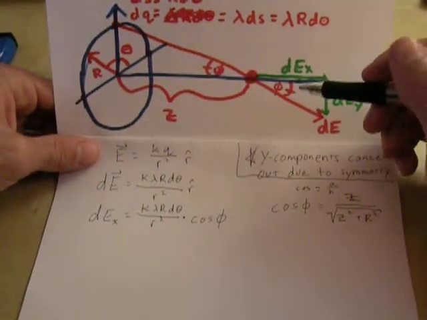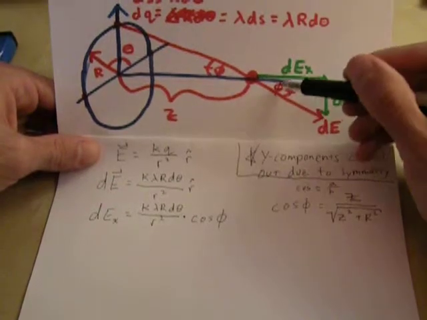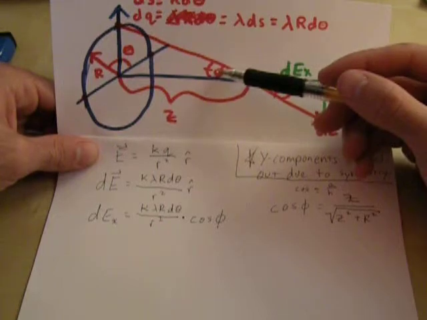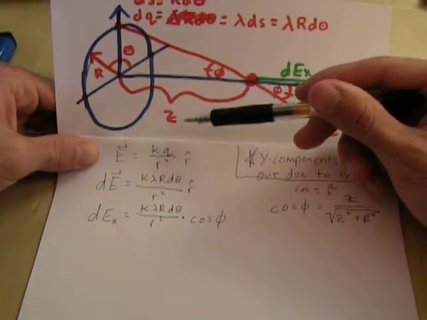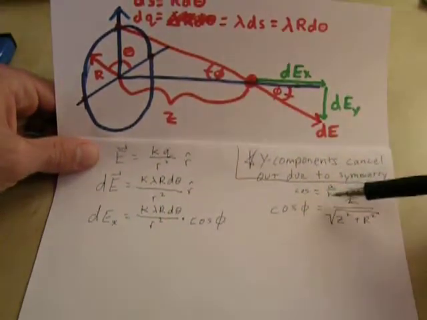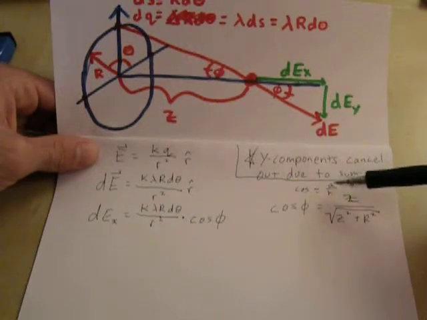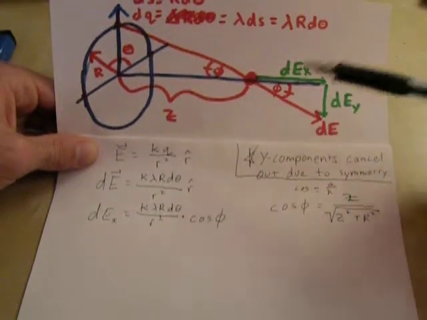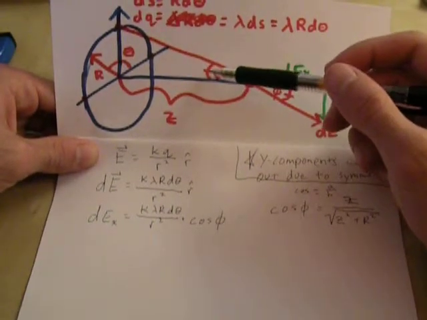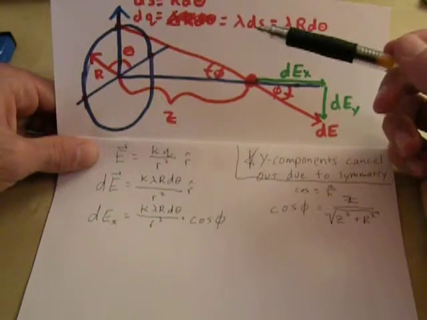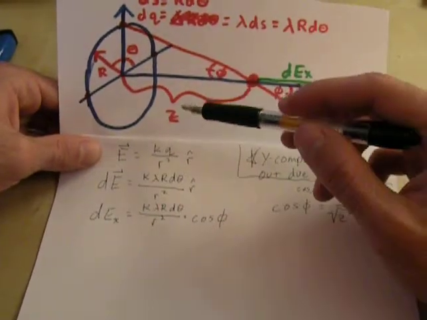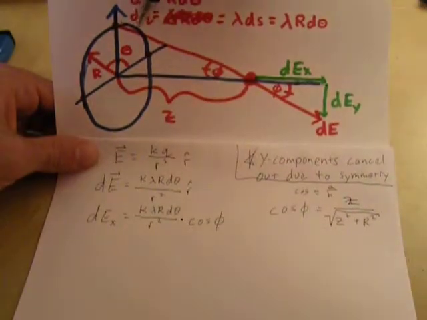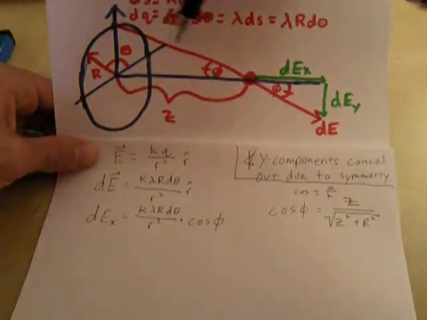The adjacent to phi right here is the dEx. The adjacent to phi here is z. The hypotenuse of phi right here is dE. The hypotenuse of phi right here is the square root of the sum of the squares of z and r, to find this length right there.